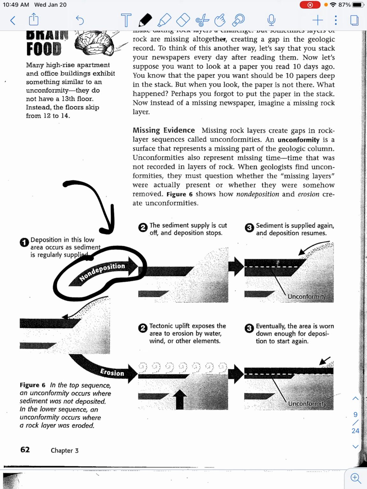So deposition in this low area occurs as sediment is regularly supplied. The sediment supply is cut off and deposition stops. And then finally, number 3, sediment is supplied again and deposition resumes. So something is blocking a layer from being formed. That's called non-deposition right here.